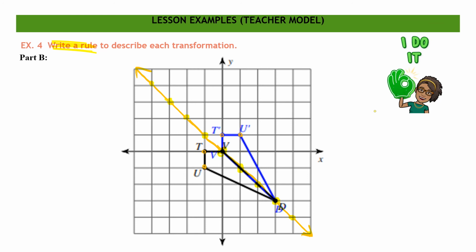Well, how can we determine that? Let's think about the definition of a reflection again. Remember, U is going to be equally distant from the line of reflection as U prime. So how can I determine the midpoint of these two points? First, I have to determine the points. U I see is (-1, -1), and U prime I see is (1, 1).